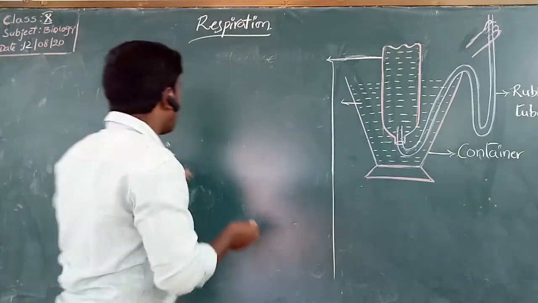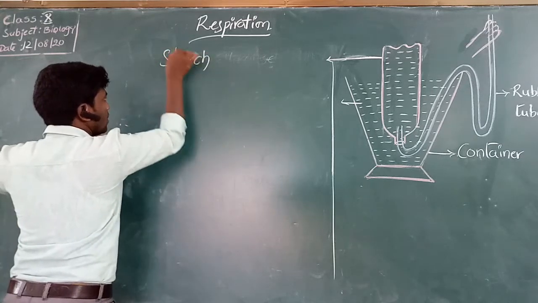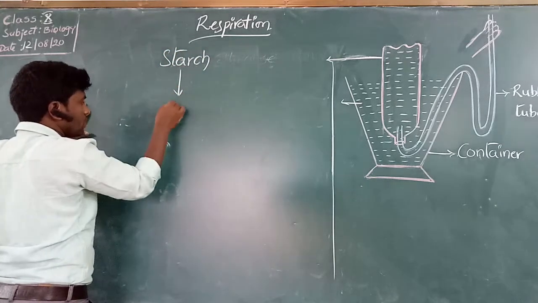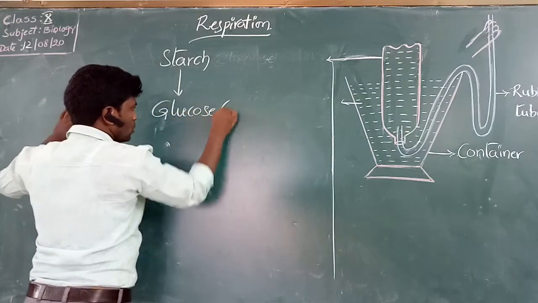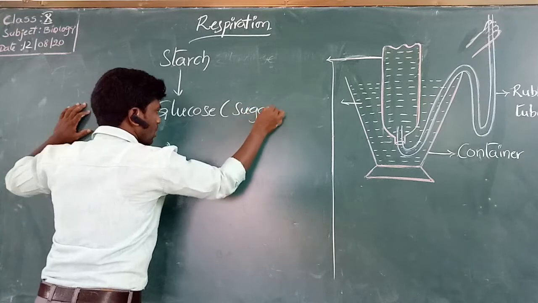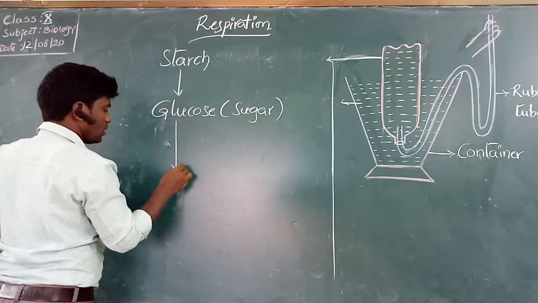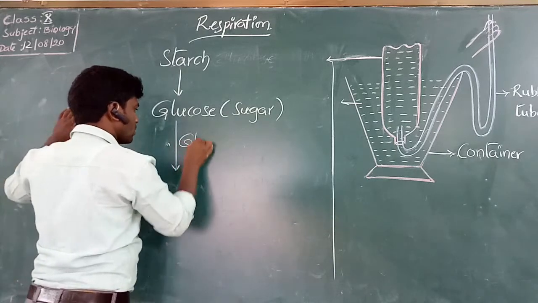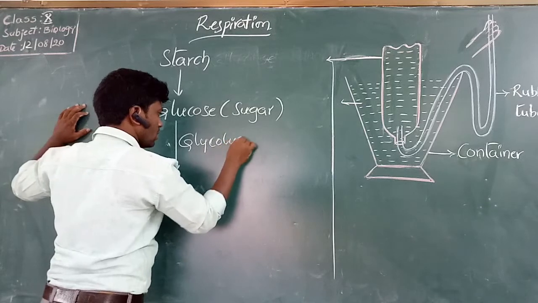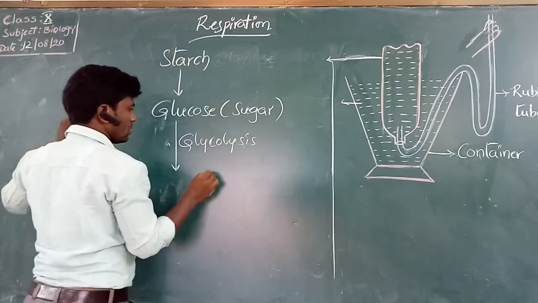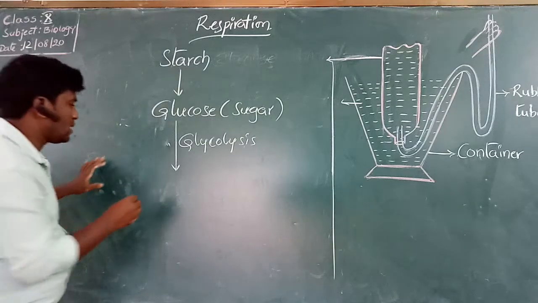Now look at the board. Here the starch is converted into glucose, meaning sugars. Next, through glycolysis, it is converted into pyruvic acid.